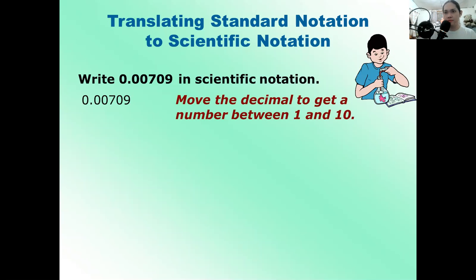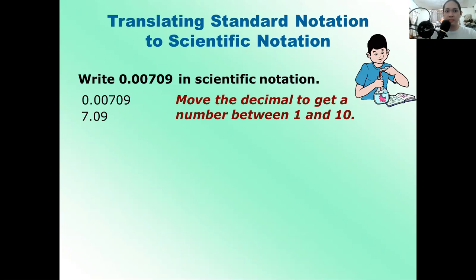Sir, is it possible if it is greater than 10? No, not greater than 10, not less than 10. Again, move the decimal to get a number between 1 and 10. No less than 1, no greater than 10. So in this case, we can move to 7.09, since 7 is between 1 and 10, correct?